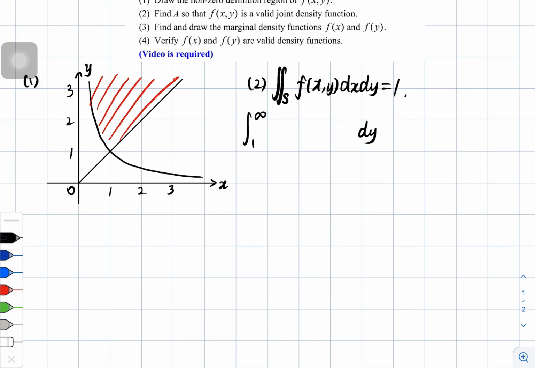Then we consider x. X is the sum of some rectangles like this. So this is x equals y.